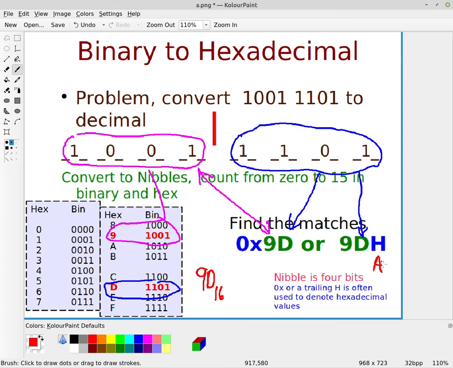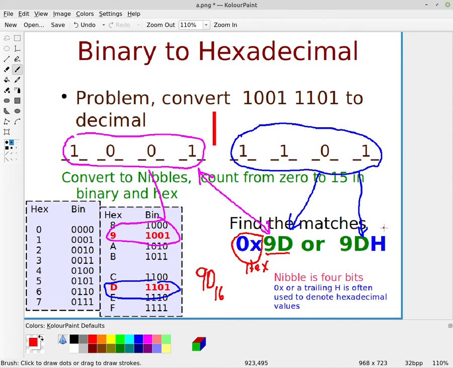So a lot of programming languages, instead of following the number with an H, put a 0x at the beginning of the number to indicate that it's hexadecimal. They put a 0 and a lowercase x, and then the actual digits of the hexadecimal number. You may see one or the other depending on the program you're running, so you need to be familiar with both representations.